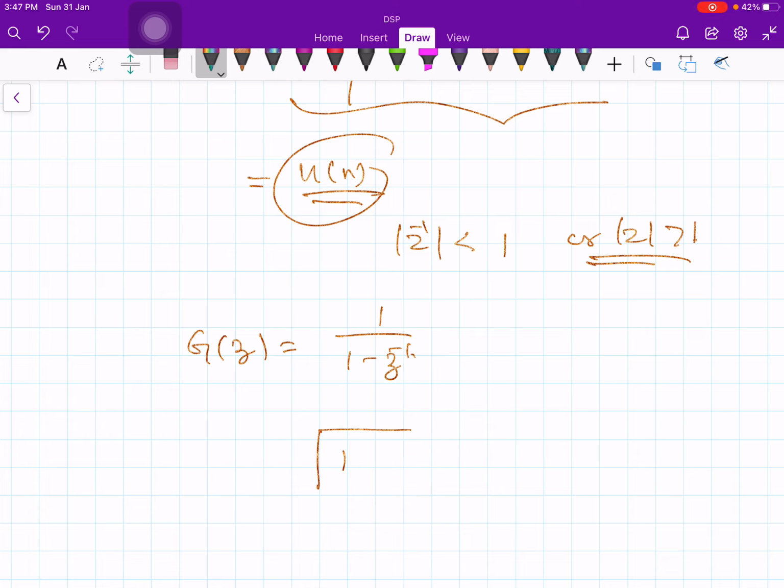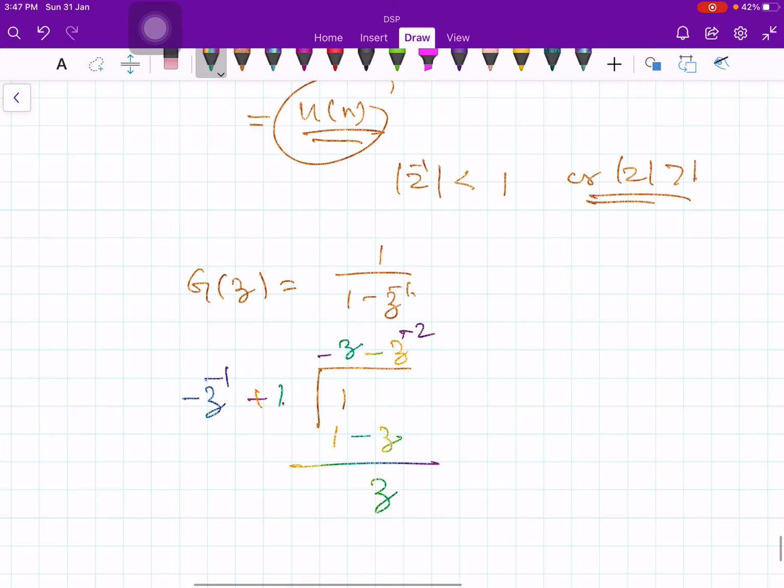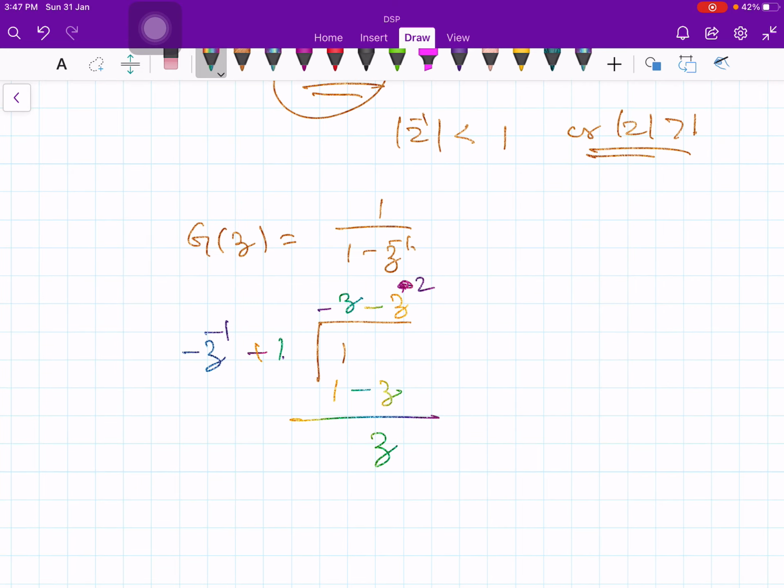Now you multiply here by minus Z, then it becomes plus 1 minus Z. Subtract, I'll get a Z. Then you multiply by minus Z squared, then Z minus Z squared.